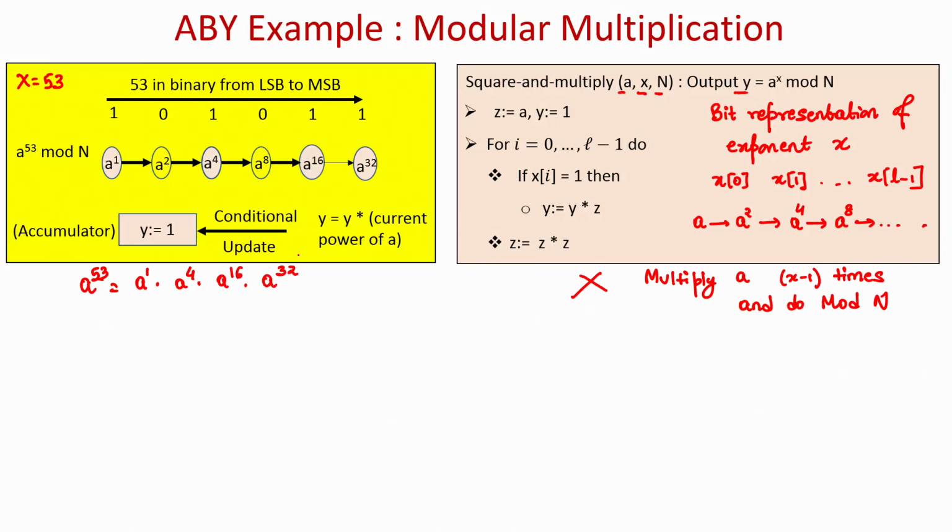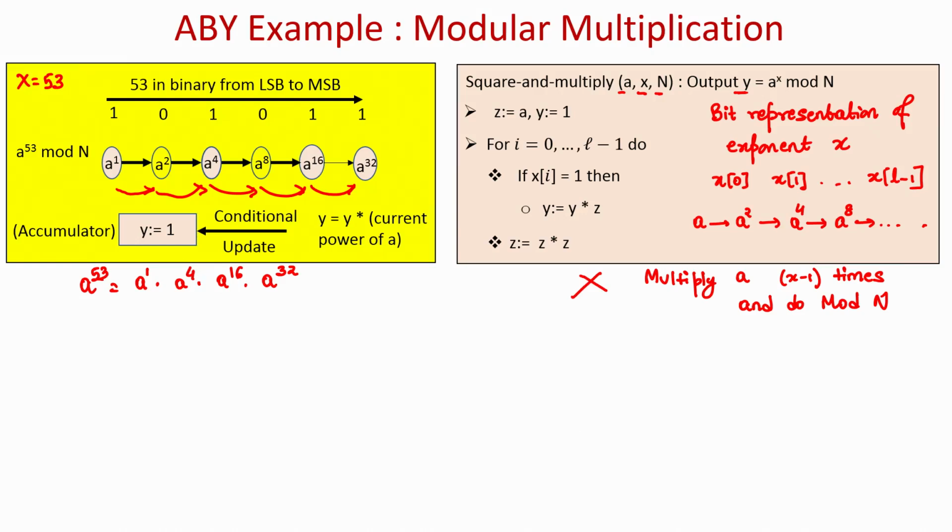Okay. So, as I said in the algorithm, in each iteration we go from the current power of a to the next higher power of a, where the next higher power of a is obtained by squaring the current power of a. And then we have to identify which powers of a we have to accumulate and which powers of a we have to ignore.